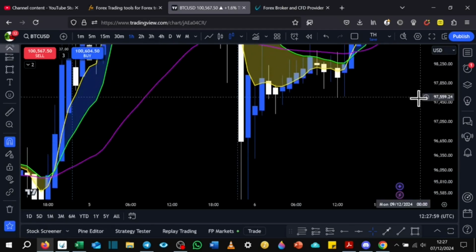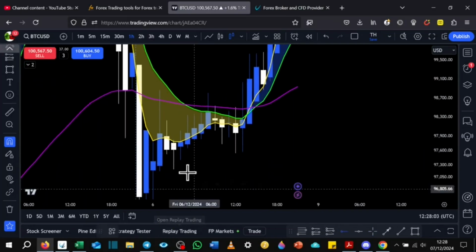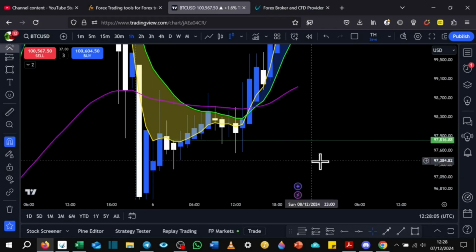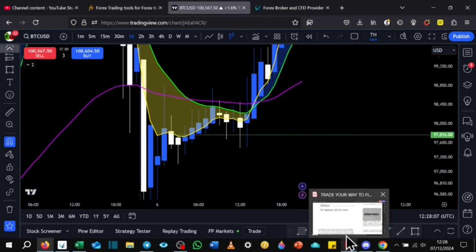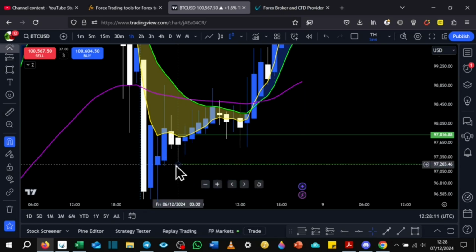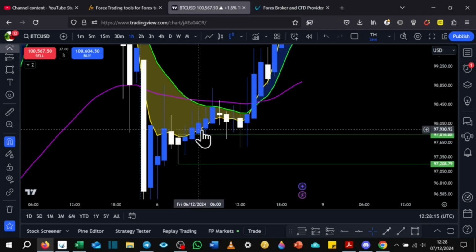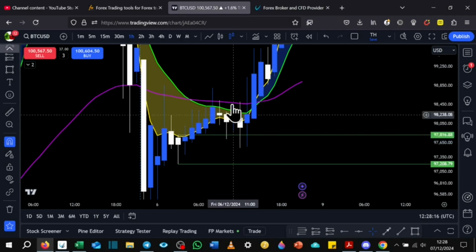But I actually got in on this institutional candle here. So I got in here. So I see that price has come up. It's a bit riskier because we haven't had the 5 and the 13 EMA crossover.